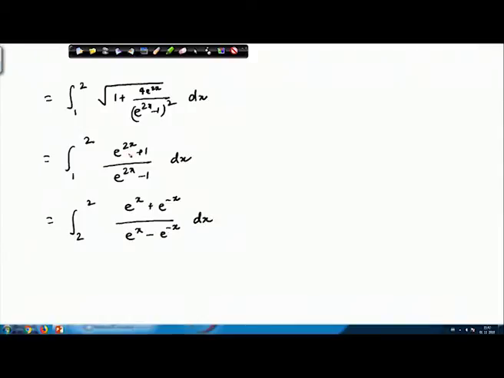We are just multiplying both numerator and denominator by e to the power minus x.